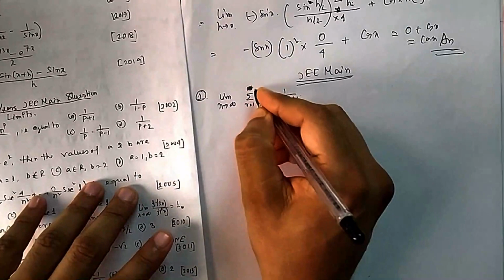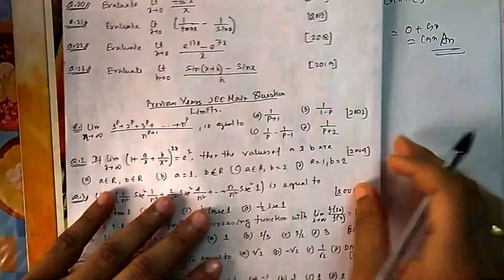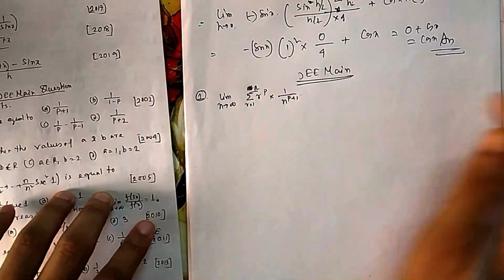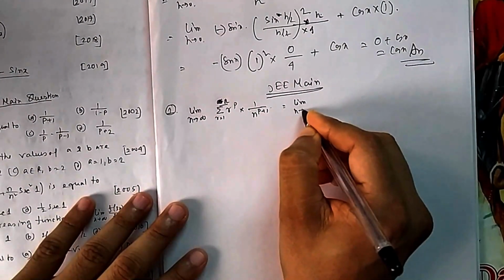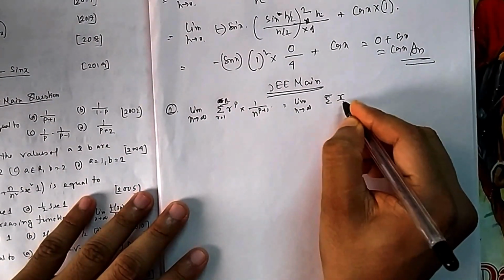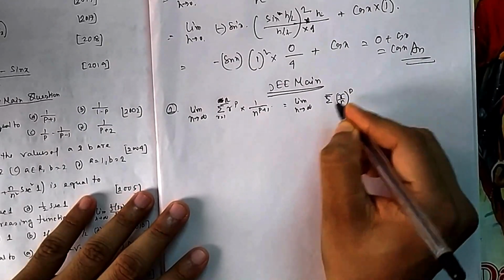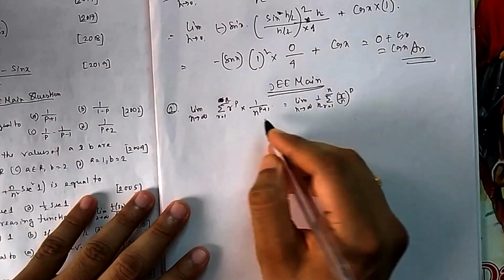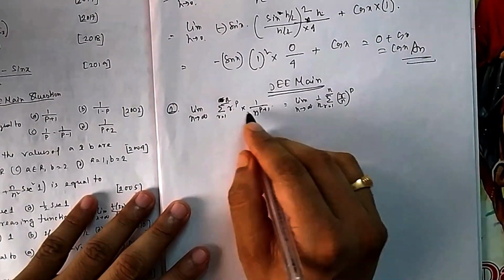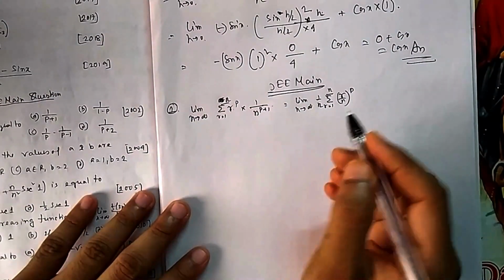So the last one is n to the power p, and everything is divided by n to the power p plus 1. So you can write it in this way: limit n tends to infinity, summation of (r by n) to the power p, where r goes from 1 to n, and 1 extra n will be there. This n to the power p, I brought it in the denominator, and 1 by n is there, that I kept there.